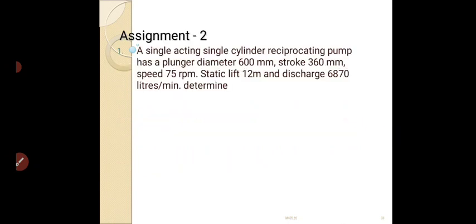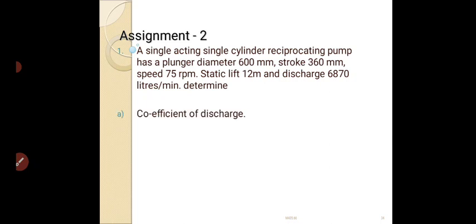A single acting reciprocating pump has a plunger diameter 600 mm, stroke 360 mm, speed 75 rpm, static lift 12 meter and discharge 6870 liter per minute.